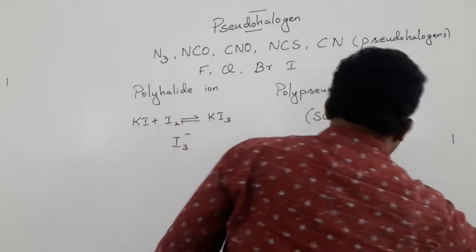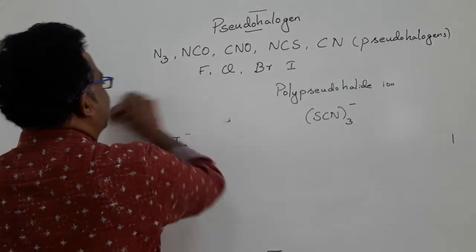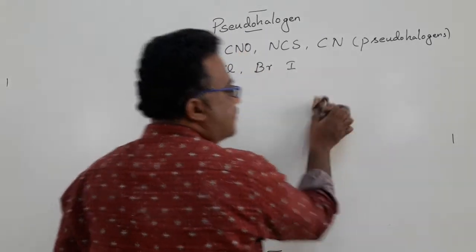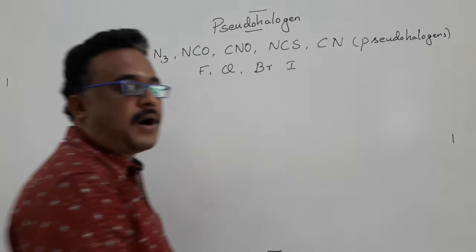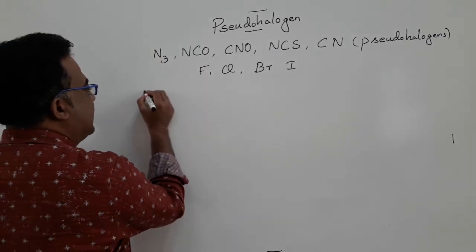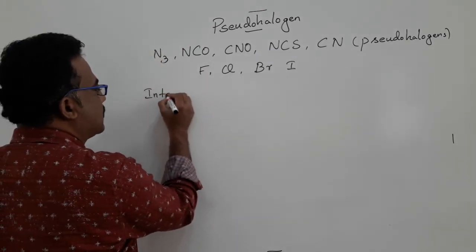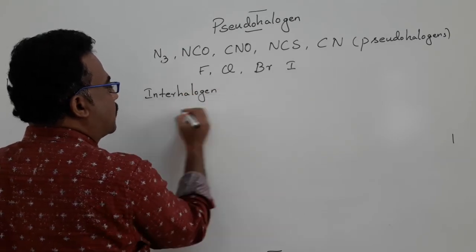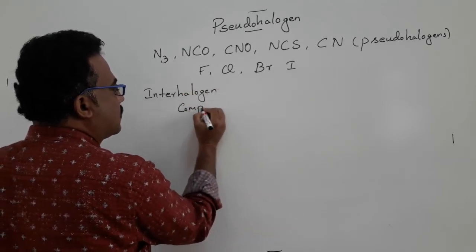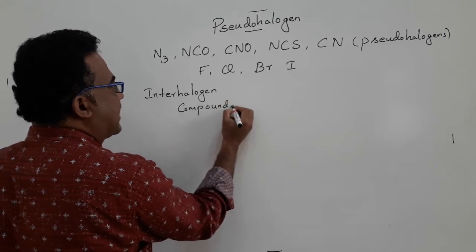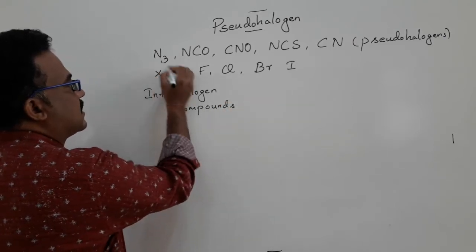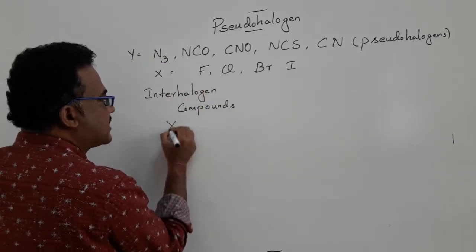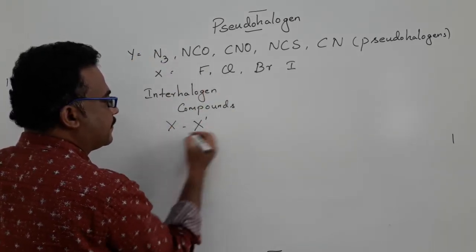Then the next one is interhalogen compounds. We know that an interhalogen compound means one halogen is bonded with another halogen. Simply, I can write this one as X and this one as X prime.